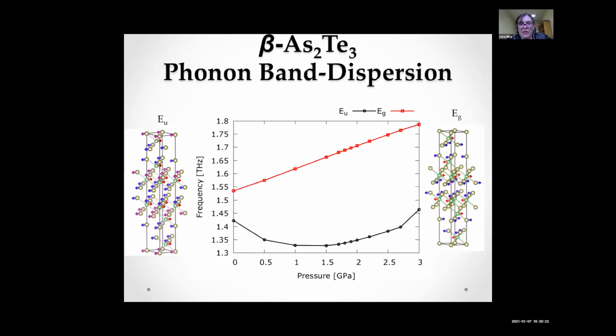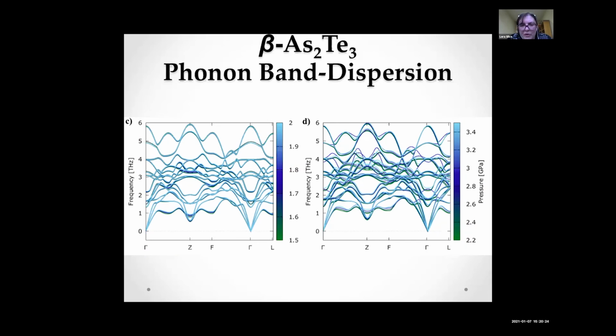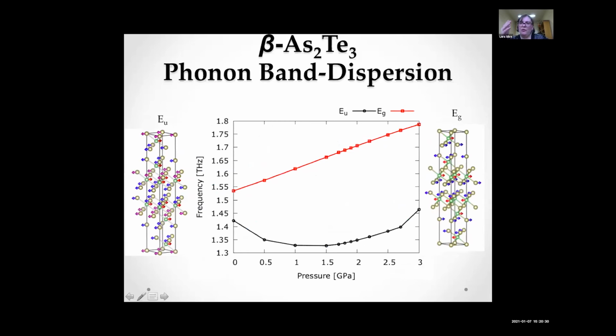If we take two of these, because these are related to two optical modes, which I plotted here for more clarity, this would be an IR active mode. And what we see is that for increasing pressures, at around 1.5 to 2 gigapascal, it's very, very low.